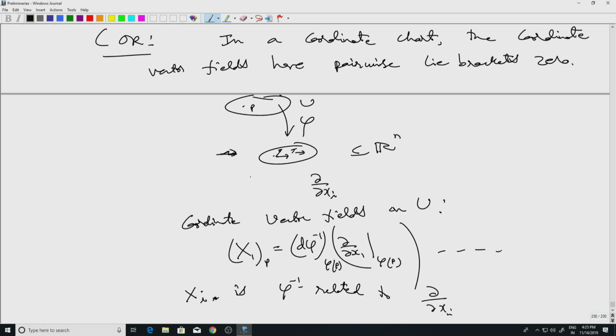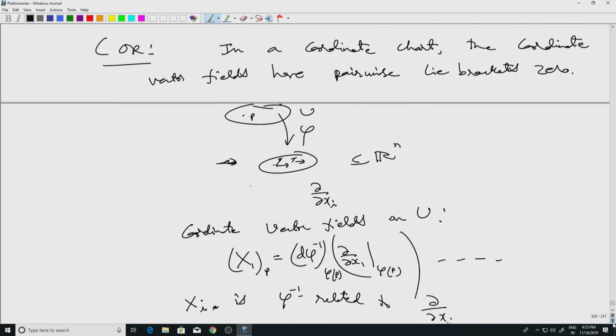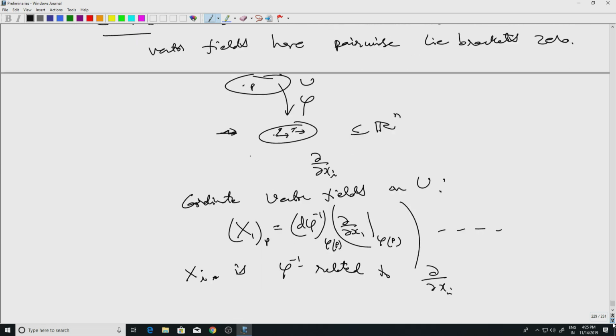I just wrote the x1 equation here, but this is just the very definition of these coordinate vector fields, and it shows that they're related like this. Since we have already seen that the standard partial derivative vector fields have Lie bracket 0, the same result holds for these Xi's as well.